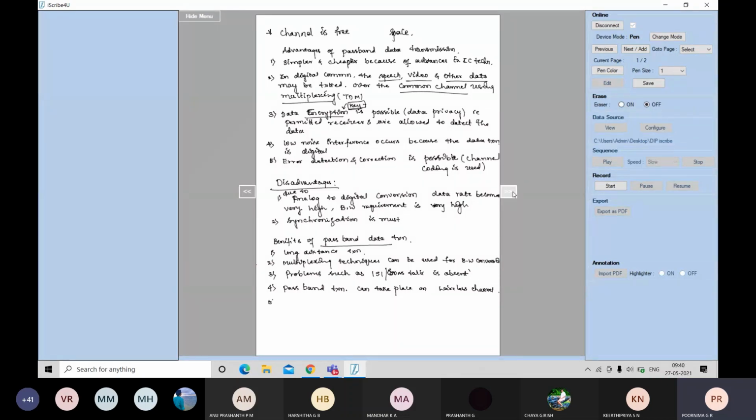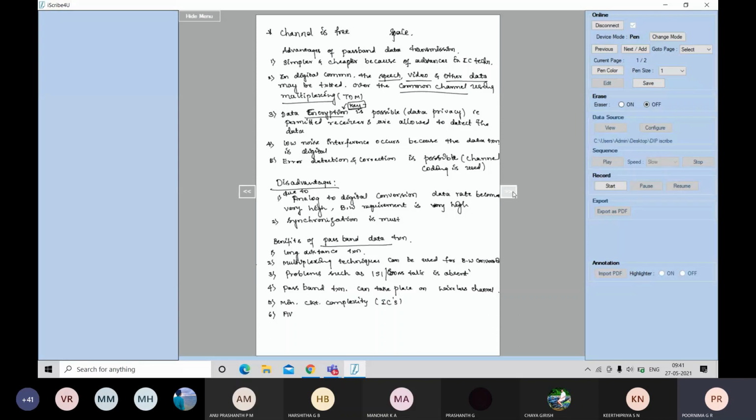The next one is minimum circuit complexity. Why minimum circuit complexity, students? Because we are going for most of the designs with ICs, so therefore you can see minimum circuit complexity.